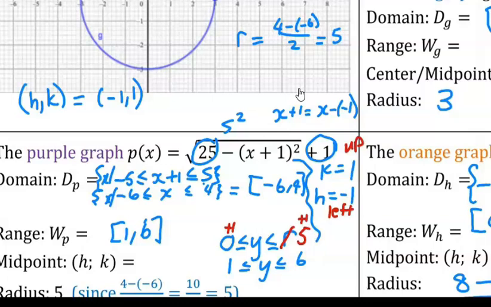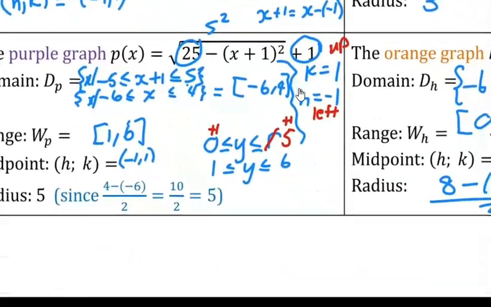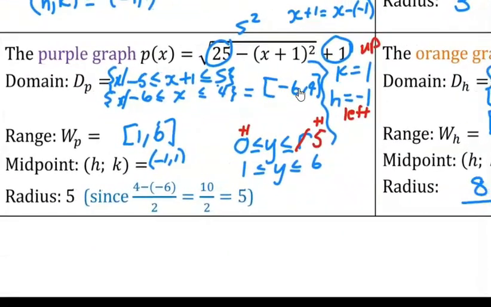So that's my y value. And my midpoint, I've already written it down here, -1, 1. And on this, I've just confirmed again how to get to the radius, how to get the endpoints.